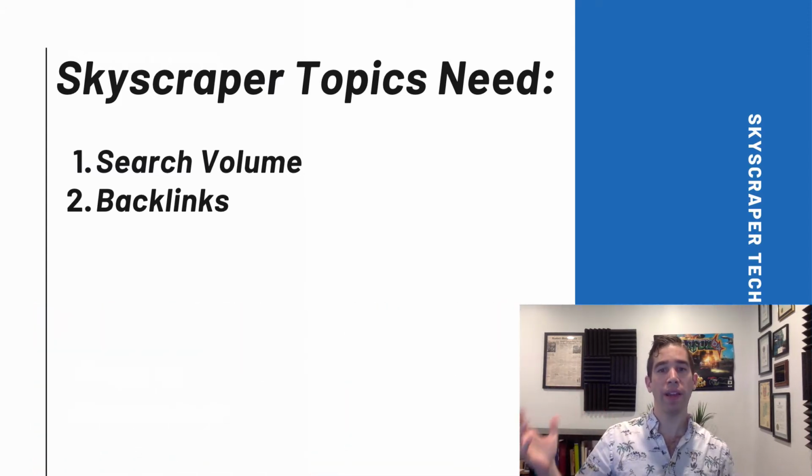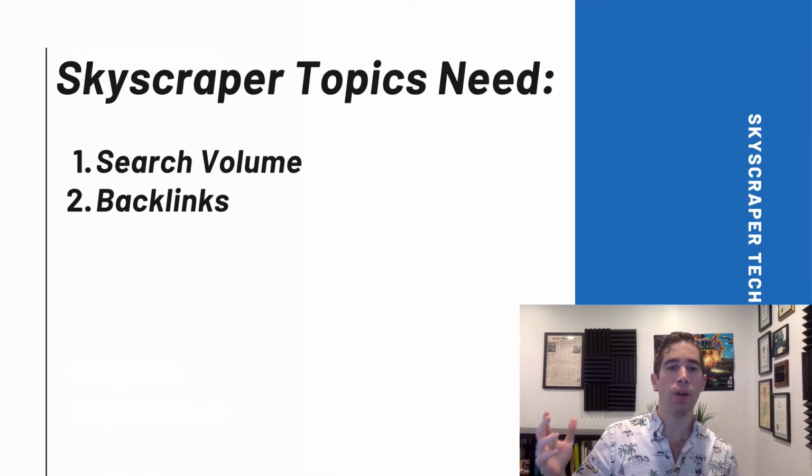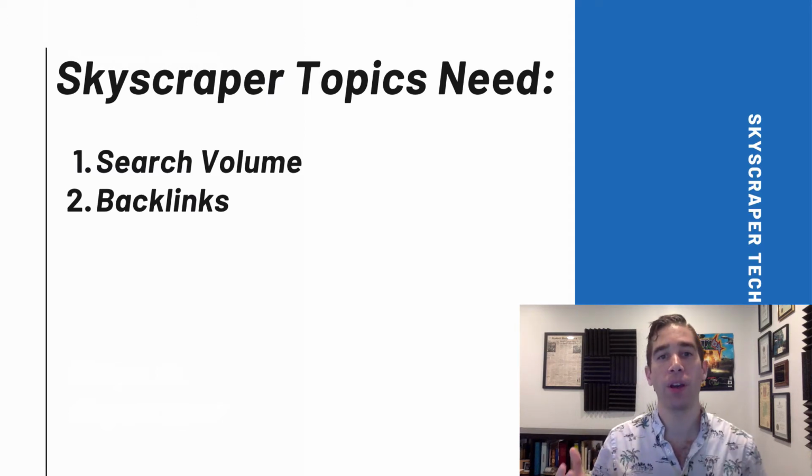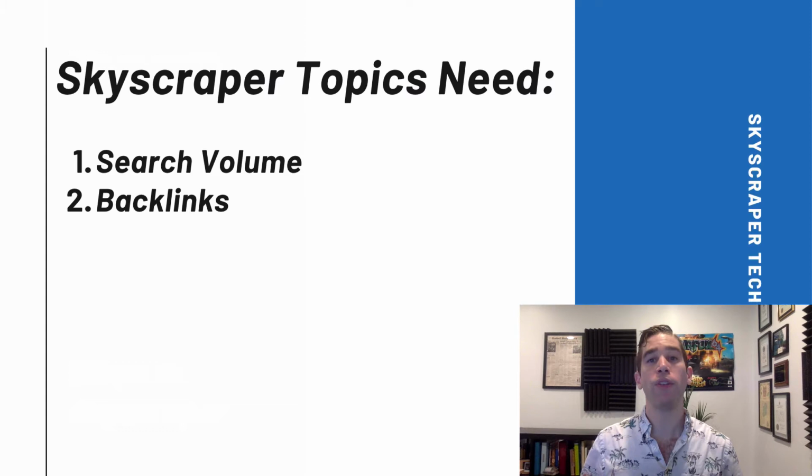But before we get into that, we need to talk about what you need for a successful topic. In finding a topic, we have to find a keyword where the top-ranked post has both search volume and backlinks. These are our criteria, and these are the most important things. If you don't have search volume for your keyword, it's not going to be worth your time to write a post about it.